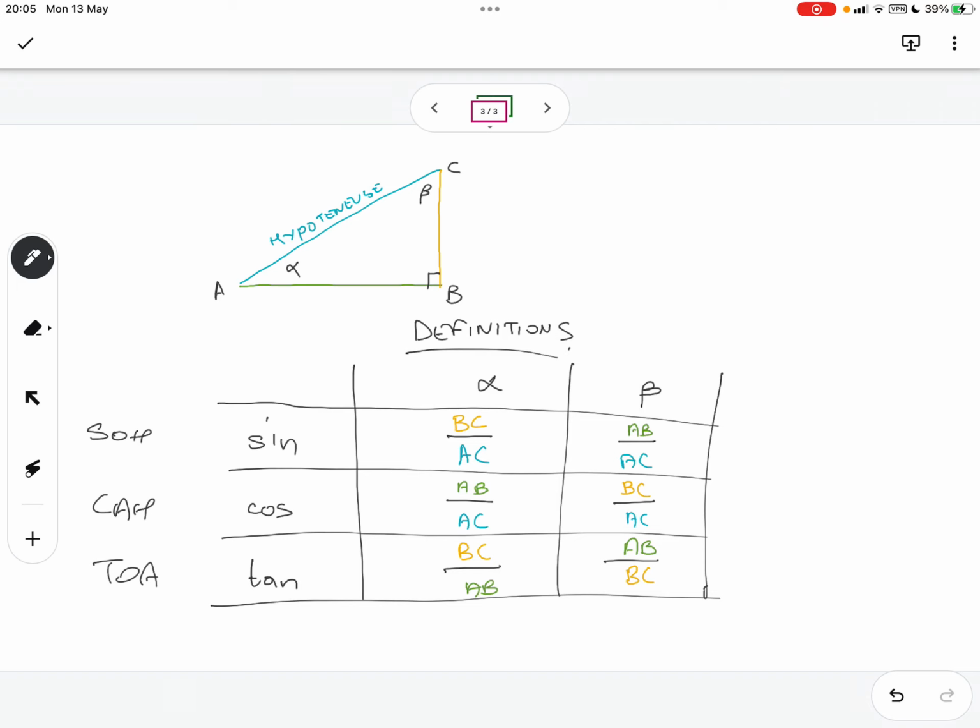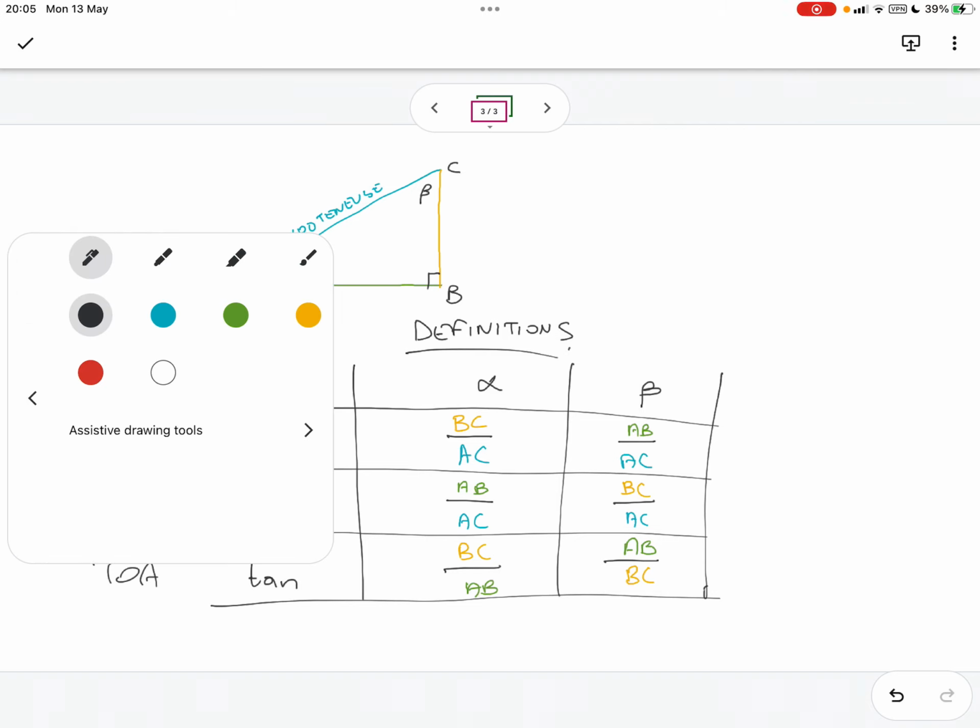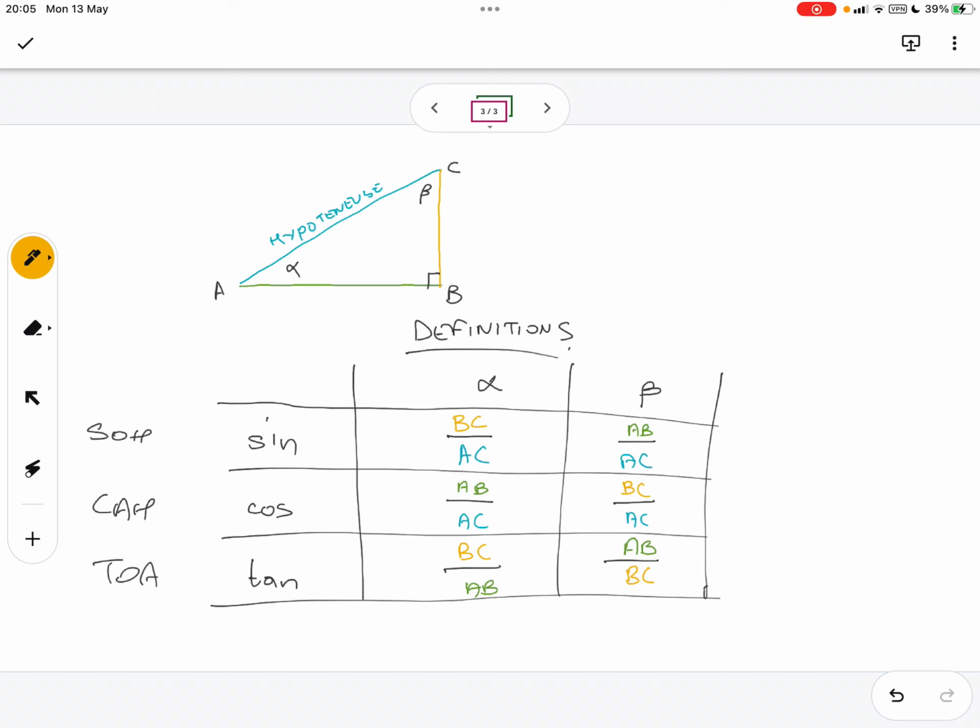But then what about sine and cos? What pattern do you see there? Remember, I did the color coding intentionally. The sine for beta is the cos for alpha. The sine for alpha is the cos for beta. Yes, that's the pattern I wanted you to see.